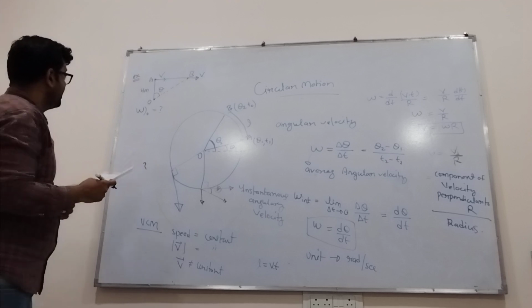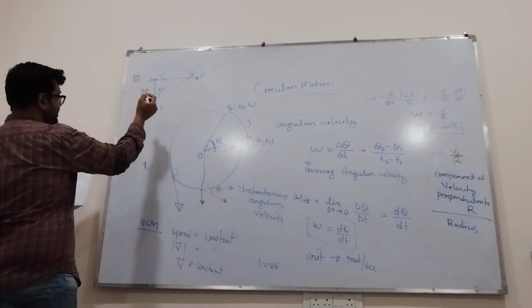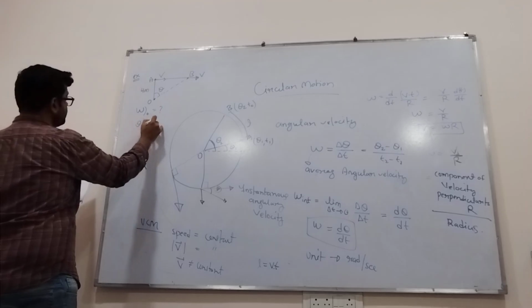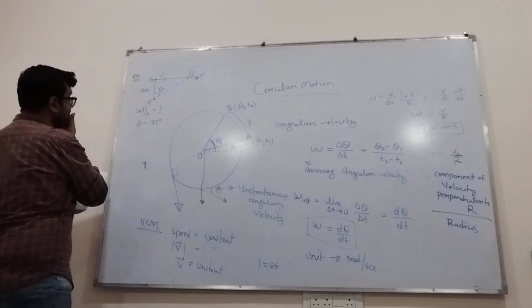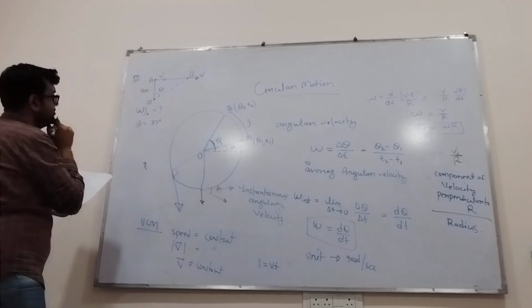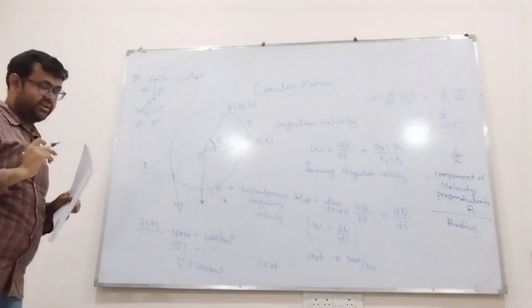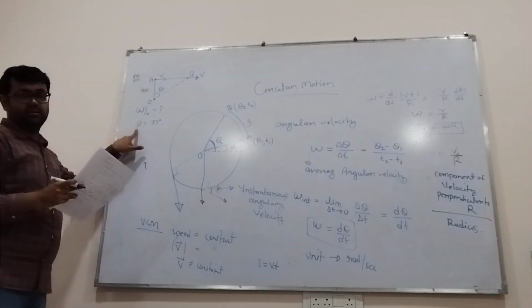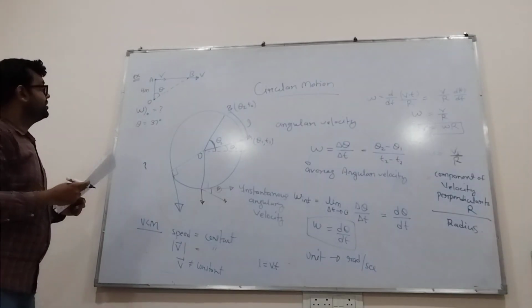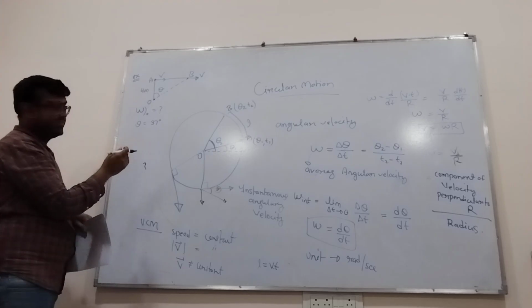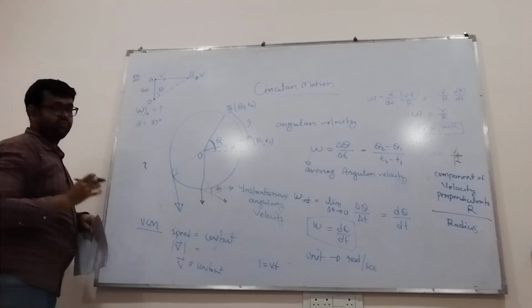See, you can take the theta value as 37 degree. If we take it as 37 degree, when the object has moved from A to B, what will be the distance of AB?